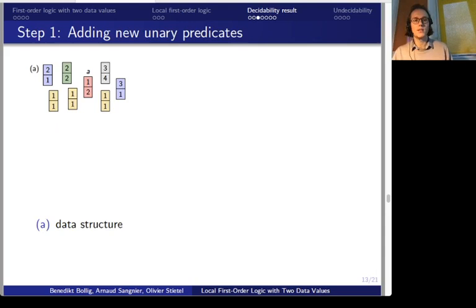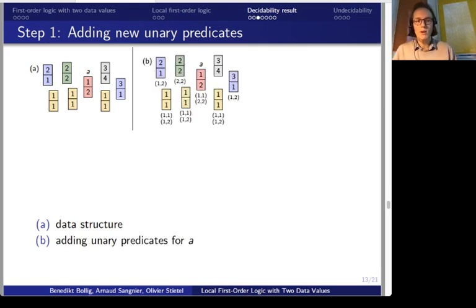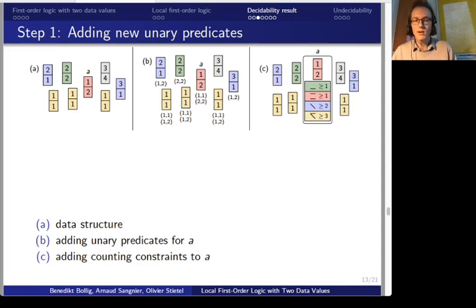So the first step is about adding unary predicates. We look at a structure, and we have a specified element A, and for each element we add new unary predicates, which describe the relation of the data value of the element to the data value of A. And after, for A, we count how many elements are in relation to A. So for example, the green one is when we only have the output value, which is the same as the output value of A, and we only have one element like this.